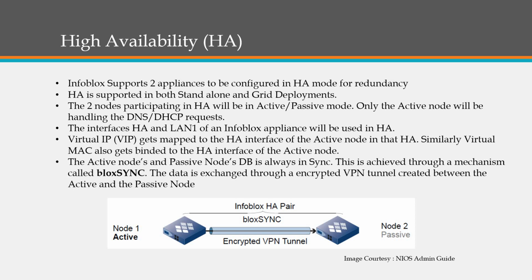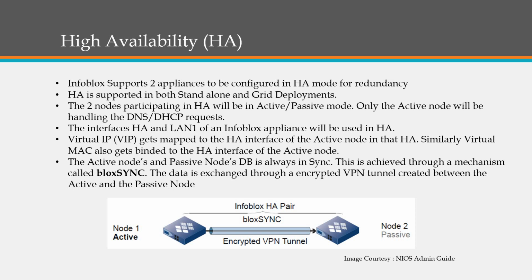That means, at the start of the video, I showed you a standalone appliance, and I told you that in standalone I can have only one appliance, or two in case of an HA. So I could have made my standalone system into an HA pair. Even though I'm adding one more appliance, it is only for redundancy. From an operation point of view, it is still considered a single appliance.